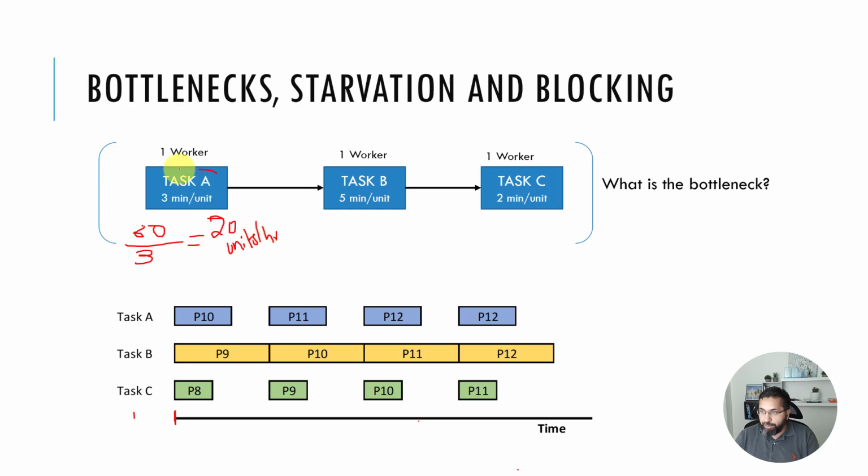Okay, that's the capacity of task A. Okay, task B capacity is going to be 60 over 5, which is 12 units per hour. And task C capacity is going to be 60 over 2, or 30 units per hour.